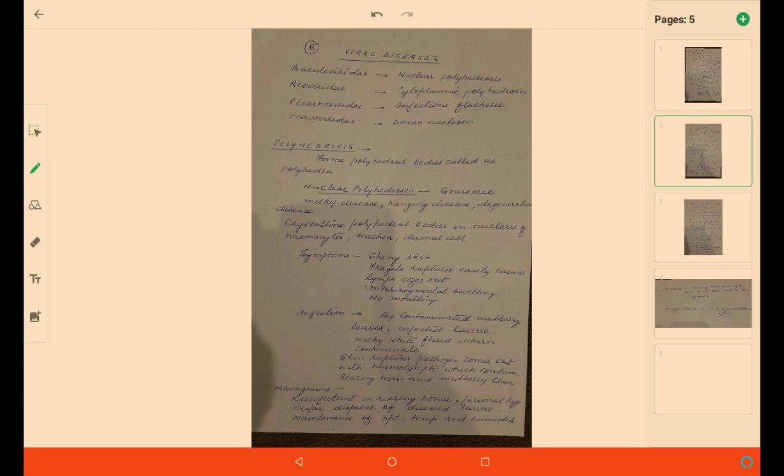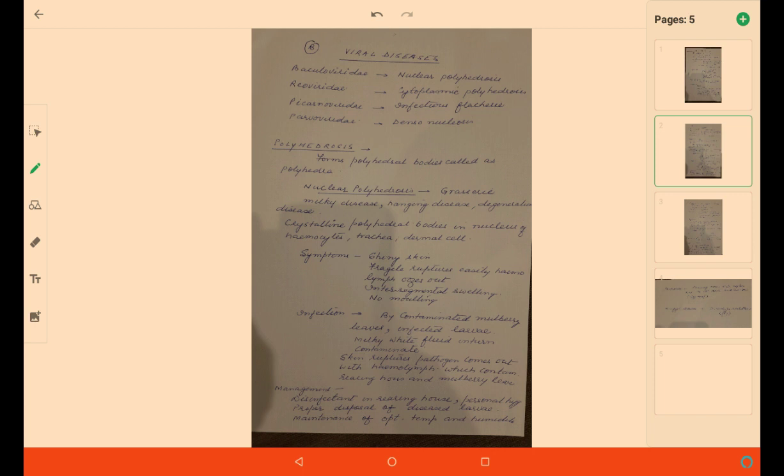In nuclear polyhedrosis, crystalline polyhedral bodies get built up in the nucleus of hemocytes, trachea, and dermal cells of the larvae. The symptoms of viral diseases are that the skin becomes very shiny, fragile, and gets ruptured easily.